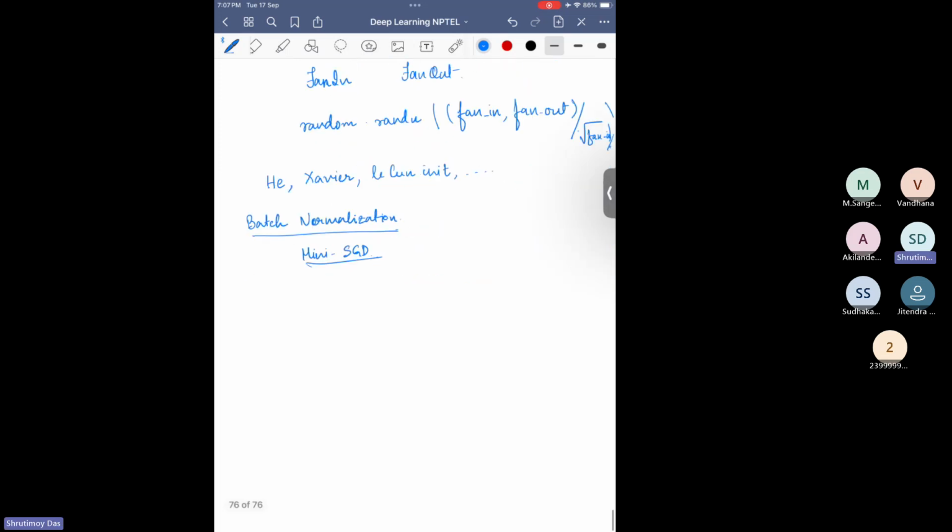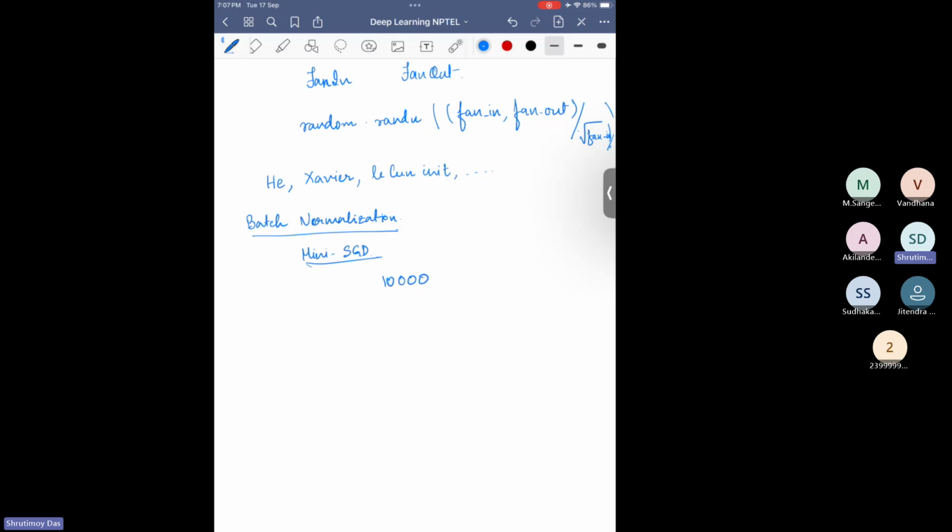Say you have 10,000 training data points, and suppose your machine is not that powerful, you cannot train your model with all these 10,000 data points at a time. Also you cannot use SGD because SGD has a very noisy gradient problem.